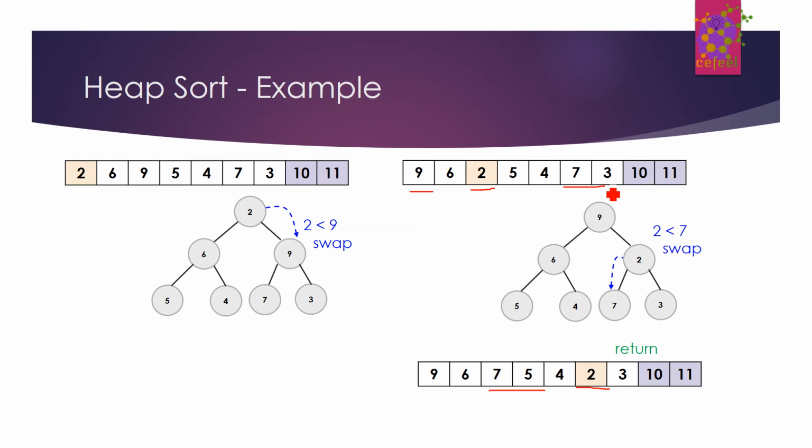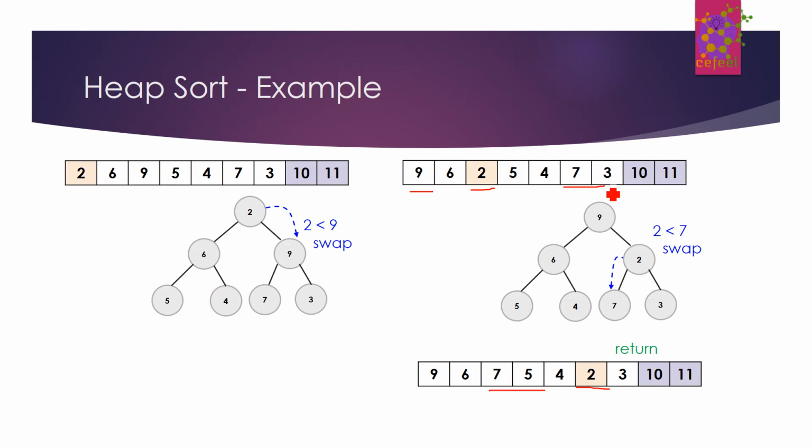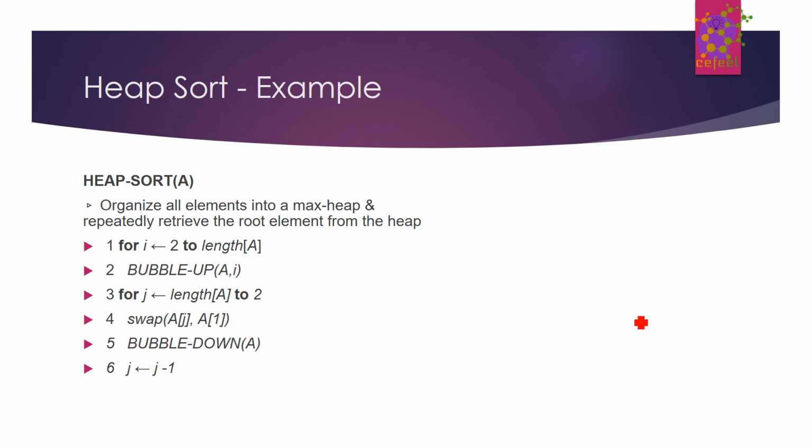And once we do a swap, 7 will go here and 2 will go here. So this, and once we are there, 2 is now a leaf. 2 doesn't have any more children, so the bubble down procedure will stop here. So once we are done, we will end up having this as the array.